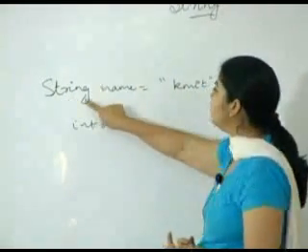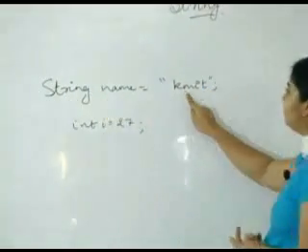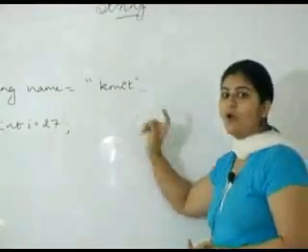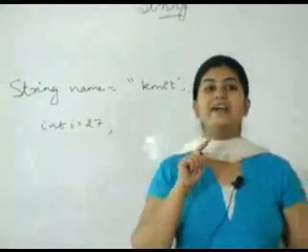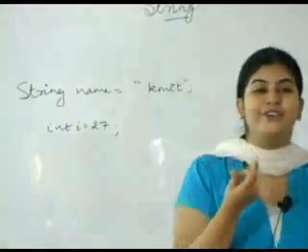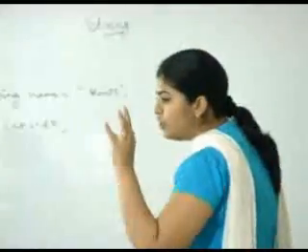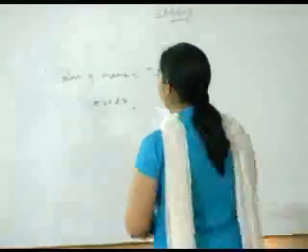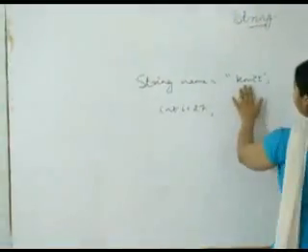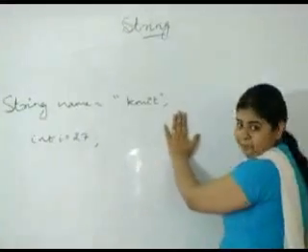Okay, now when you say string name equal to double quotes KMIT, what you are doing is you are creating an object of string. Okay, and then you are initializing the value of that object and you are saying that, see boss, you are a string object and your value is nothing but KMIT.